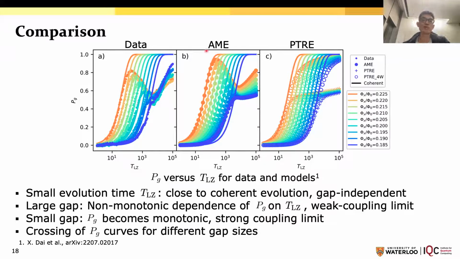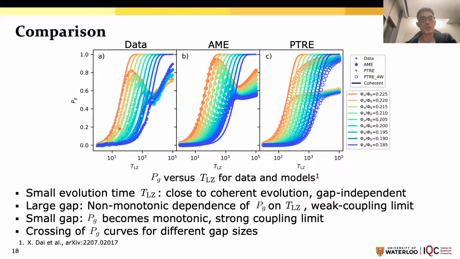Yeah, so we have these two different models that correspond to the weak and strong coupling limits, and we can see that when the gap is large, the weak coupling limit result agrees pretty well with the experimental data, and when the gap is small, the strong coupling limit result agrees with the experiment.